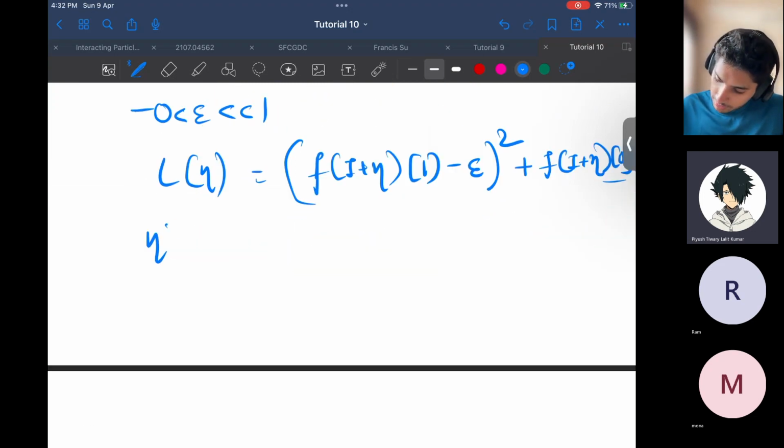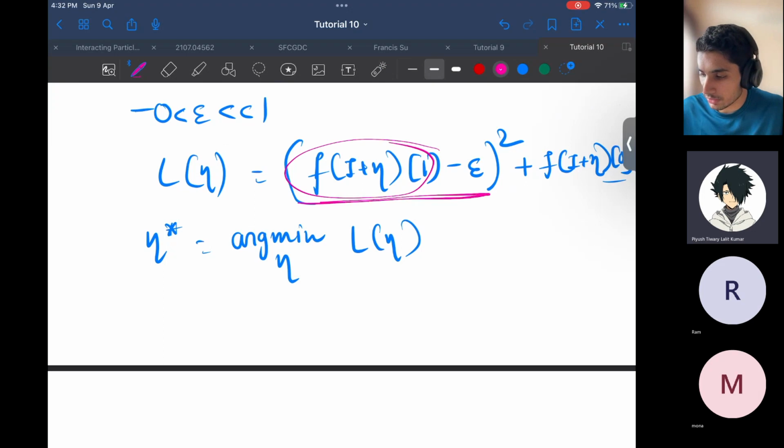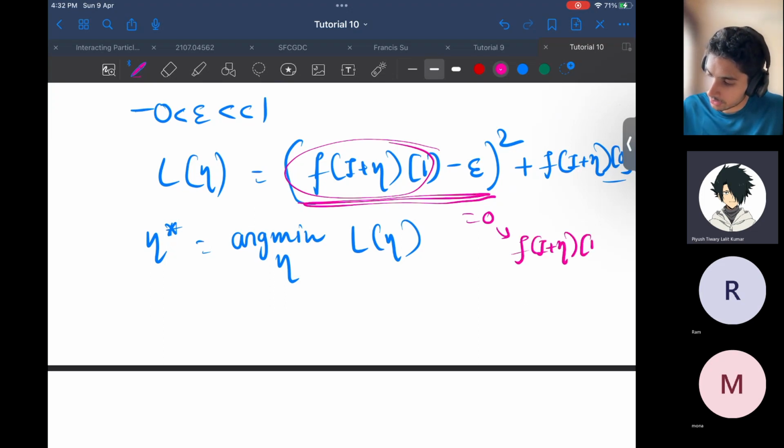So if I obtain my eta star, which is argmin over eta of L of eta, that is, if I solve this optimization problem, this part should be equal. The least value of this part is what? Zero, right? When is that possible? When f of I plus eta, the first index part, is equal to epsilon. Only then can this be zero.